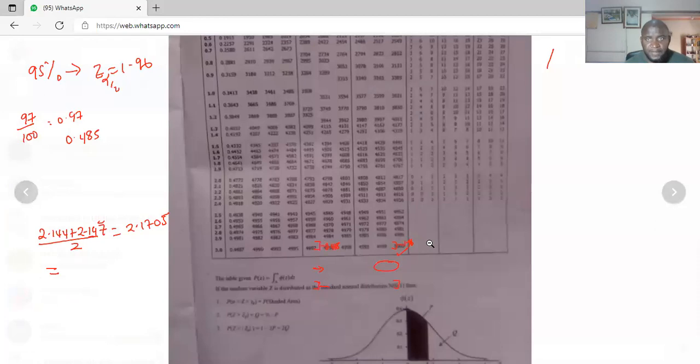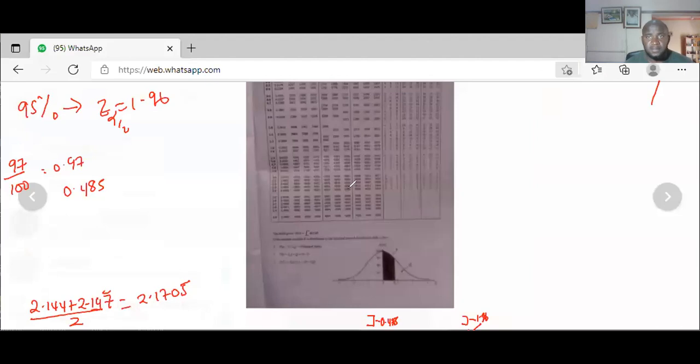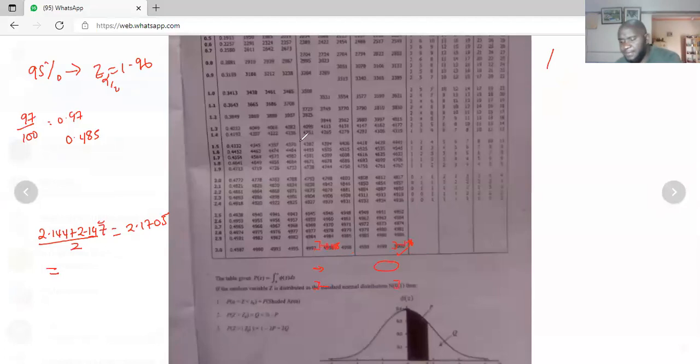Very good. Now, for those of us who are not in the know of how to read this page, here we are, and we would like to read it. For example, to read 0.48, you come here and look for 0.48.